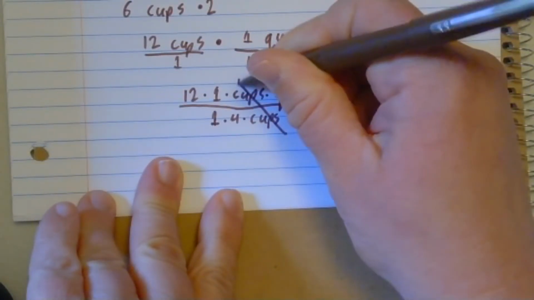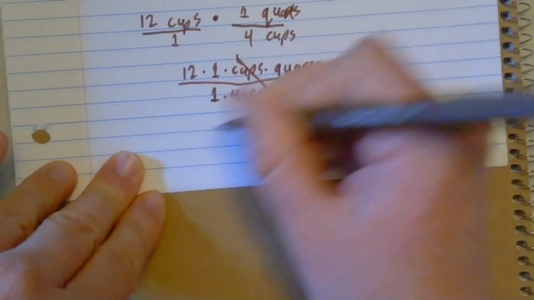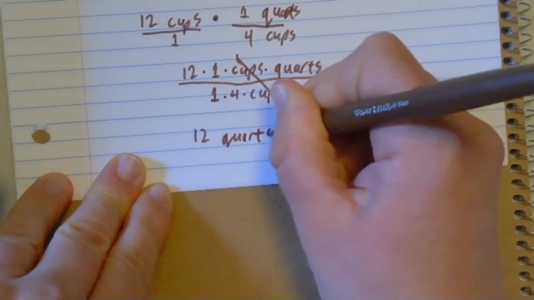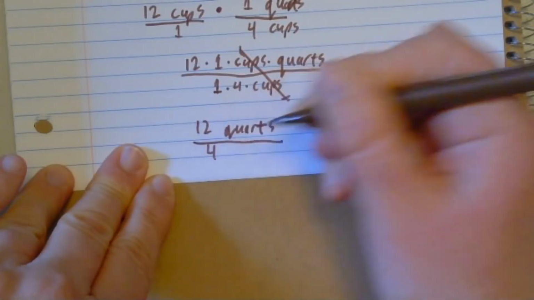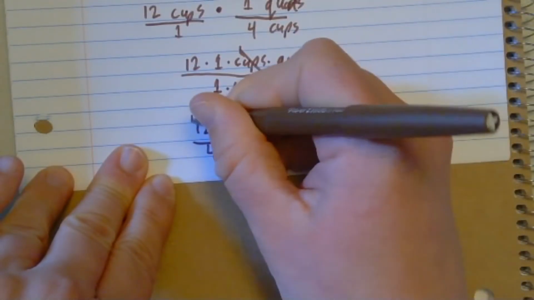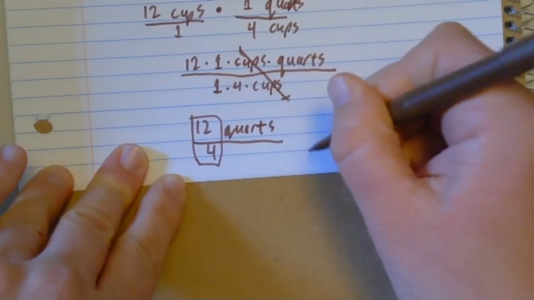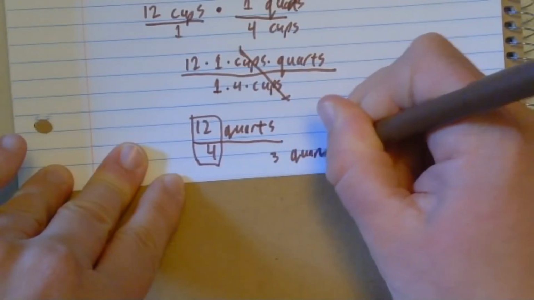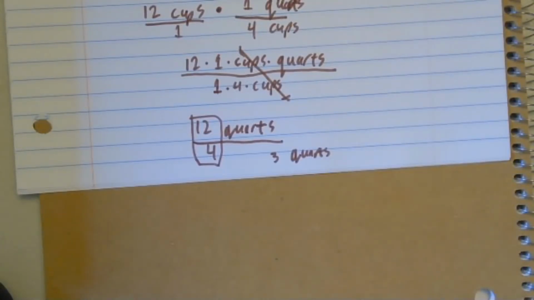Cups divided by cups would be 1. 12 times 1 is 12. 12 quarts over 4. So 12 over 4. 12 divided by 4 is 3. So I'd have 3 quarts. If I needed 12 cups, I would need 3 quarts.